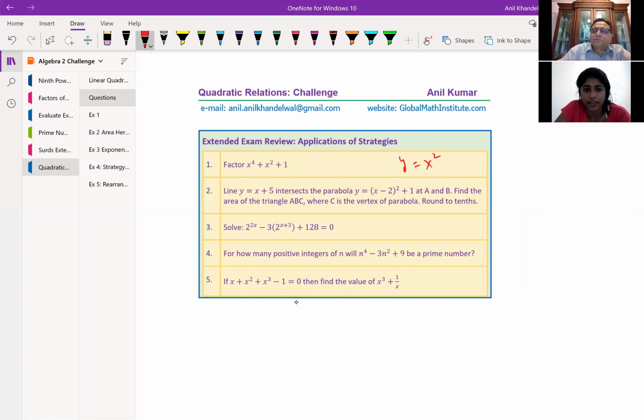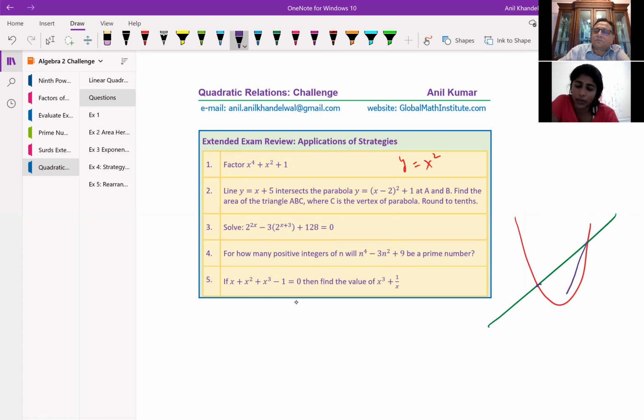And then I would find A and B by expanding (x minus 2) whole squared plus 1, make that equal to x plus 5, solve the normal quadratic, find A and B, join all the points, make a triangle, then use Heron's formula, which I still need to learn.